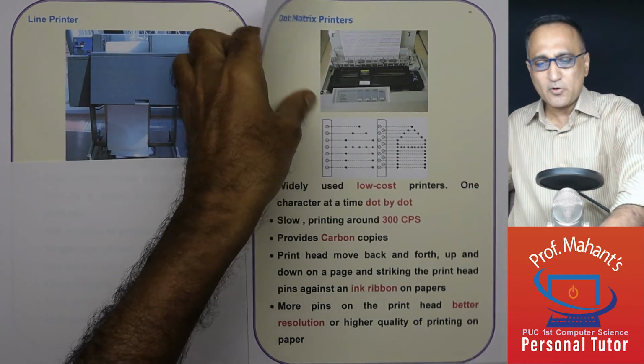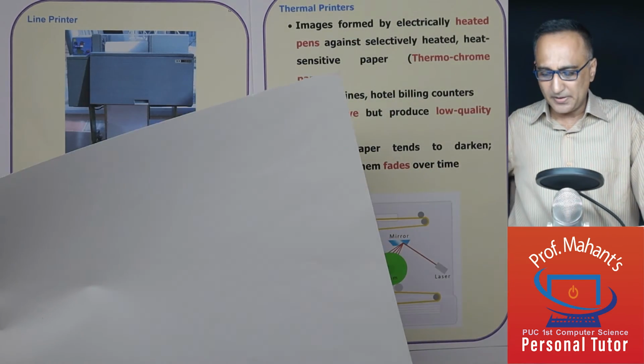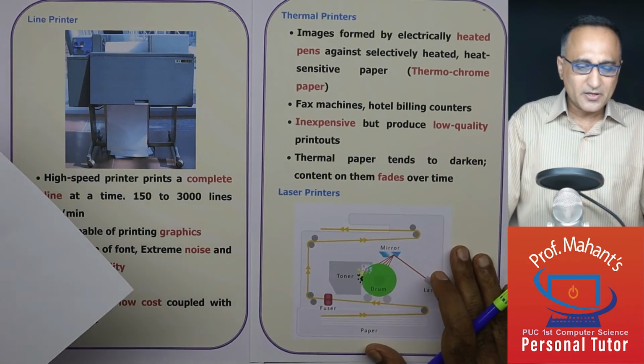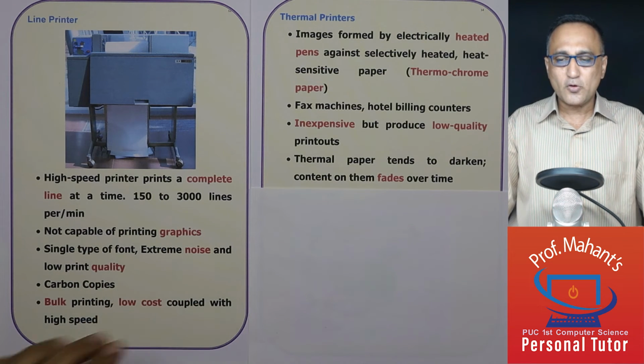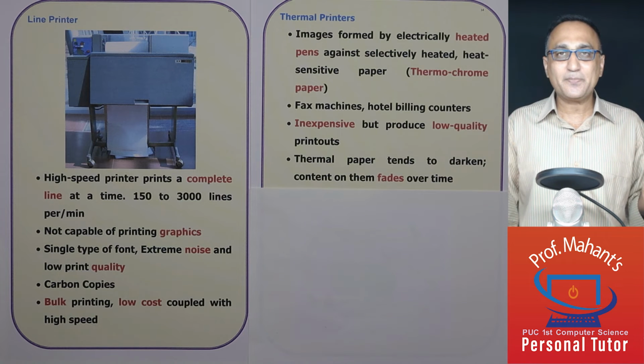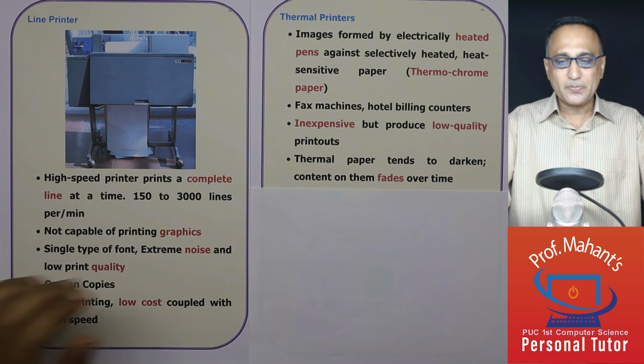Now let me just talk about one last type of printer, which happens to be your thermal printer. Thermal printer, you have almost certainly seen it being used. If you go to hotels and all, you will find the print being done on a thermal paper. So how does a thermal printer work?